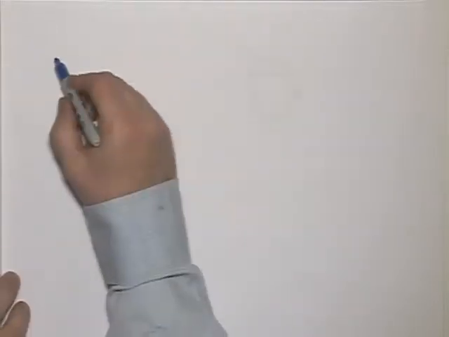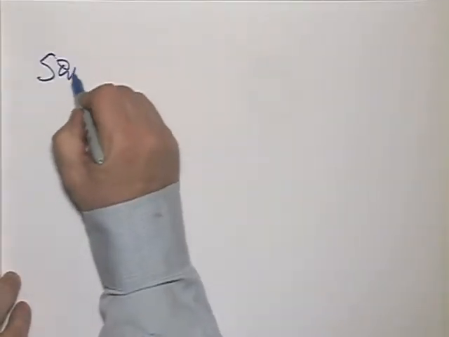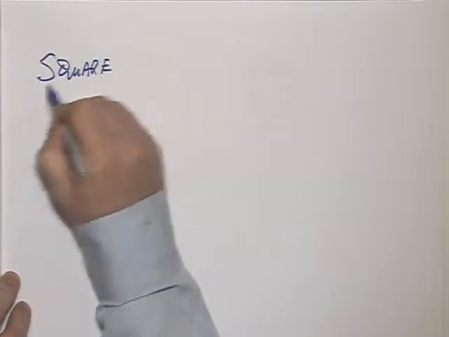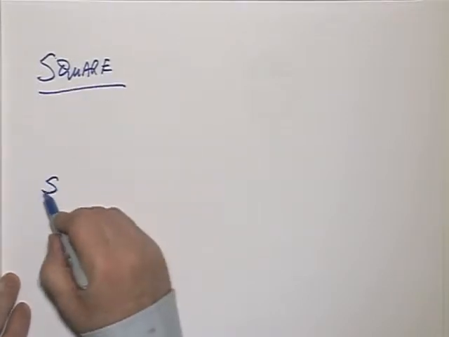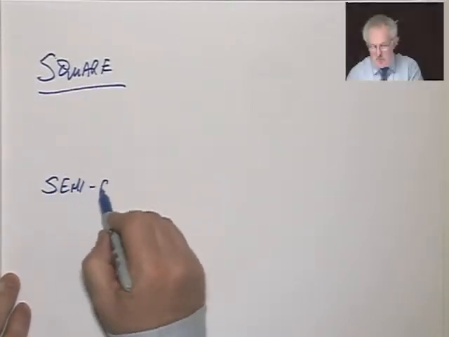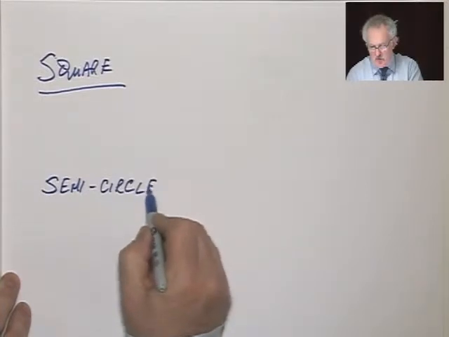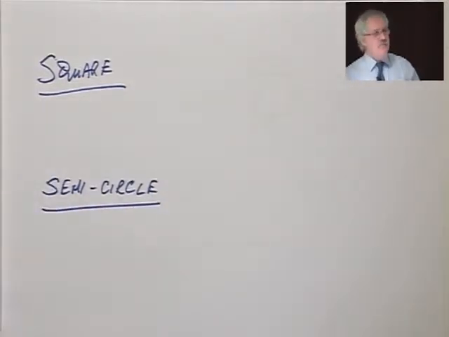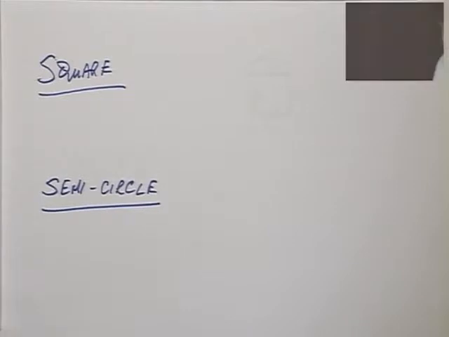What you might do is just take the square first, and then the semicircle, and write down the areas there.